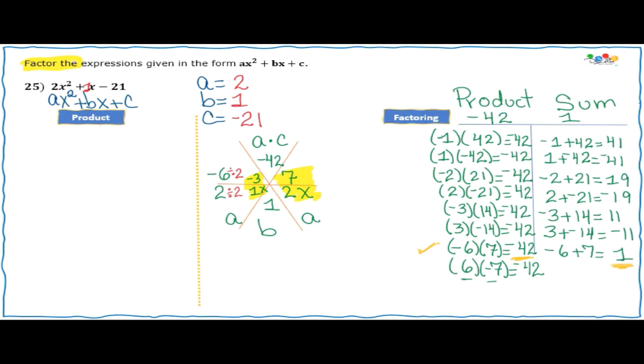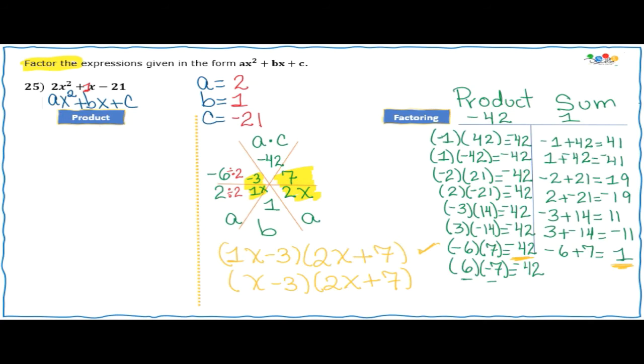So now I'm going to rewrite my binomials. So my binomials are 1x minus 3, because remember, it's a -3. Second one is 2x plus a 7, which I can rewrite as x minus 3 and 2x plus 7.